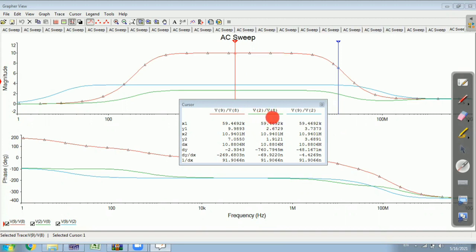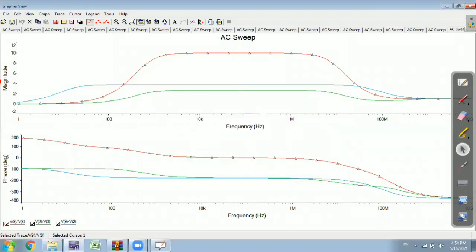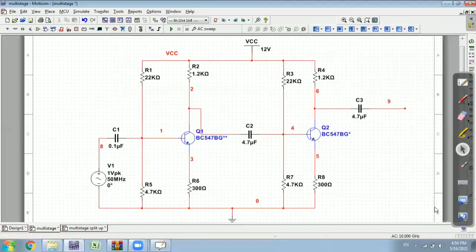But V2 divided by V8 is decreased to 2.67. That is, actually, I've used similar designs for my first stage and second stage, but the gain of my first stage has been reduced, whereas my second stage remains the same as for single stage. So from this, I would like to tell you the second stage acts as a load to my first stage.